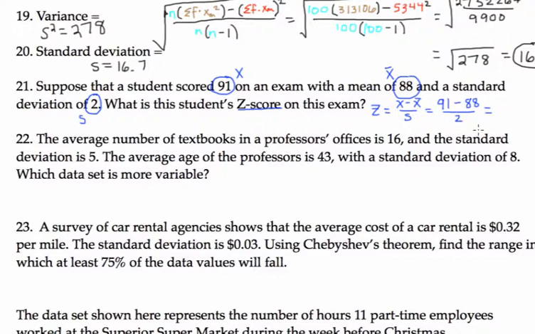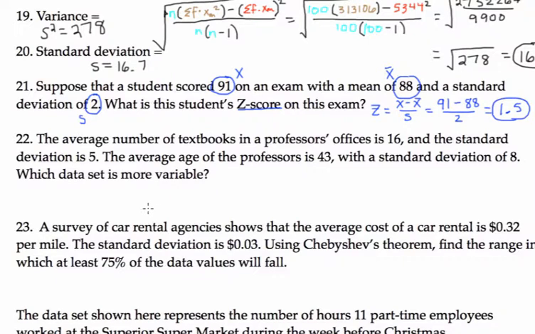I punch that into my calculator, 91 minus 88, enter, divide by 2, and I get 1.5. The student's z-score was 1.5. That means they scored above average, because it's positive, and they were 1.5 standard deviations above the mean.